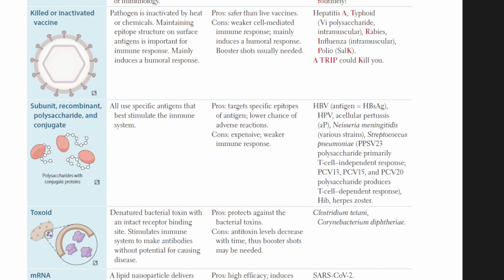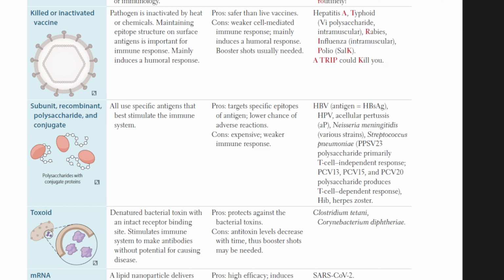The Haemophilus influenzae vaccine protects against Haemophilus influenzae type B disease. It's a serious bacterial infection that can cause meningitis, pneumonia, and other serious illness in young children. This is a highly effective vaccine and is recommended for all children under 5 years old according to the CDC.